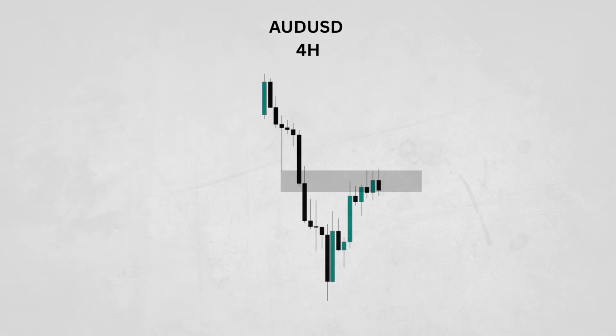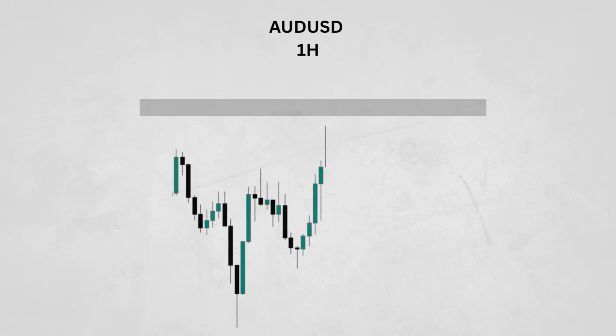Immediately after price returned to the fair value gap, I noticed that it came back correctively, which means price didn't leave any opposing fair value gaps unmitigated. The only bullish fair value gap it left behind had already been mitigated. That was a wonderful sign that the daily fair value gap might potentially hold. Next, I went down to my entry time frame, the 1-hour chart.